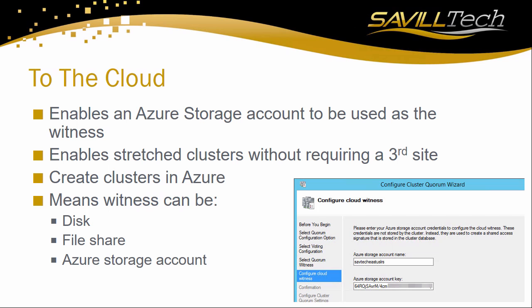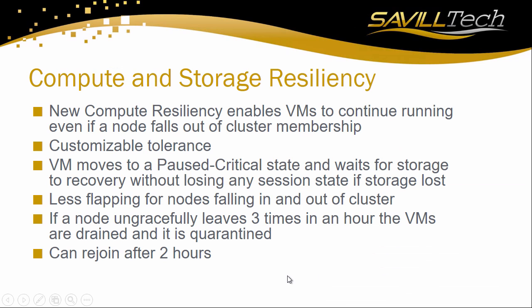What else? Compute and storage resiliency. So I talked about those challenges before. I talked about, well, look, if there's some blip in network communication and a node falls out of the cluster, all of its VMs would get restarted on other nodes.